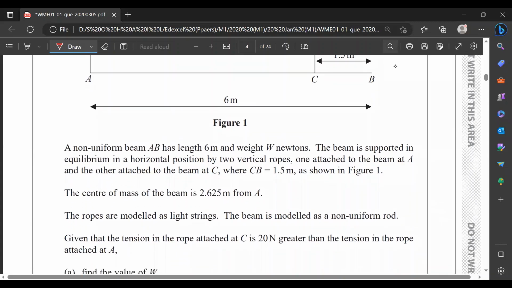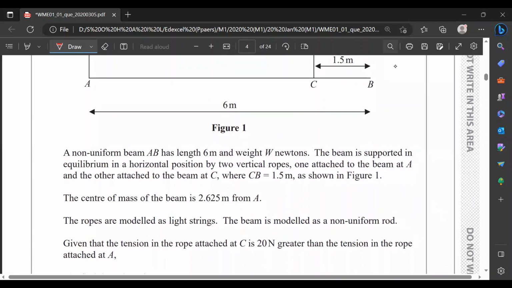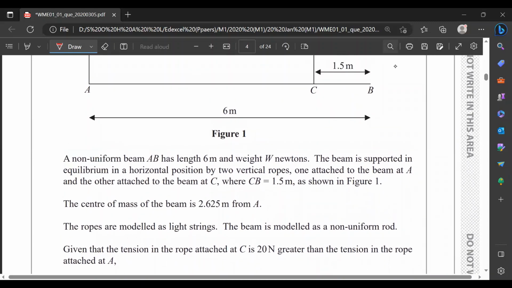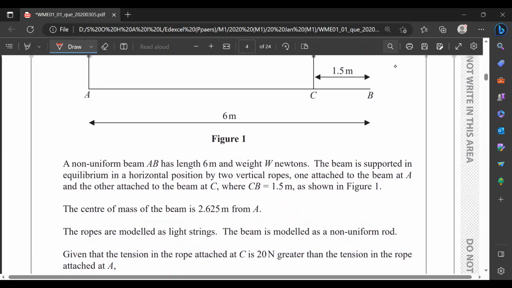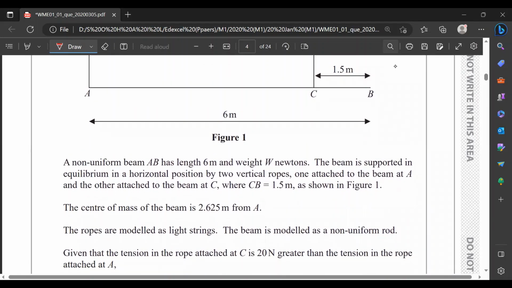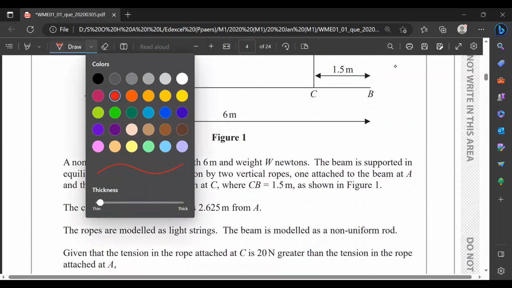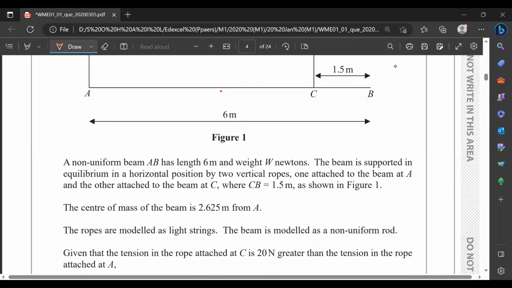The center of mass of the beam is 2.625 from A, as it is non-uniform. So the center of mass is here, I can mark it here. The center of mass is 2.625 meters from A.